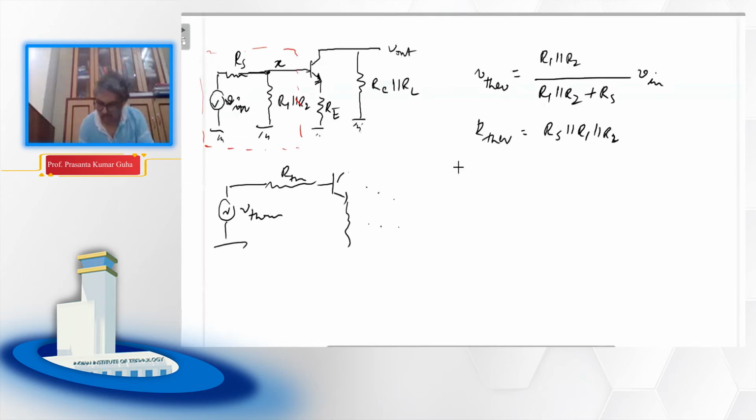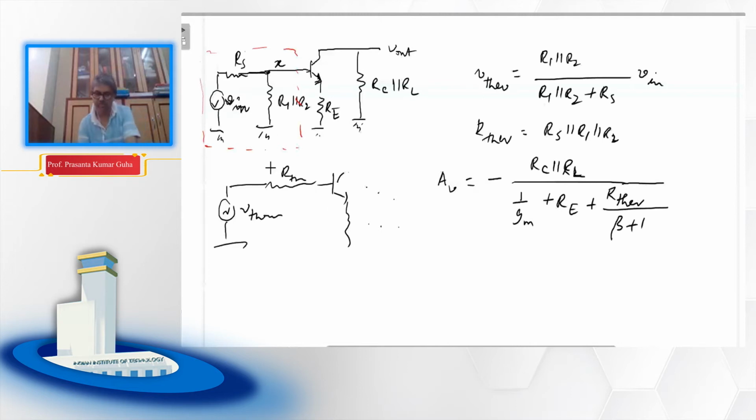So we can again straight away write the gain by RC parallel RL over 1 by Gm plus RE. And you remember in yesterday's class we found this, with RB, and one of you asked about it. We divide the whole thing by beta or beta plus 1, and we have this expression.